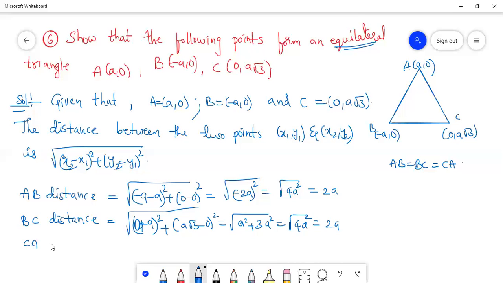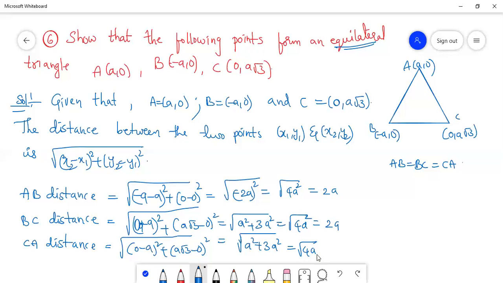Next, to find out the CA distance, that is equal to under root of (0 minus a) whole square plus (a root 3 minus 0) whole square, equal to under root of a square plus root 3 whole square is 3a square, equal to under root of 4a square, equal to 2a.